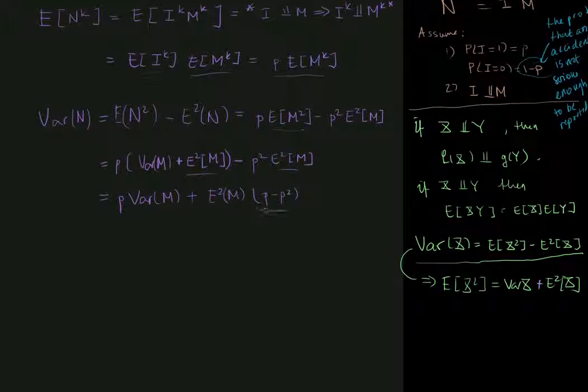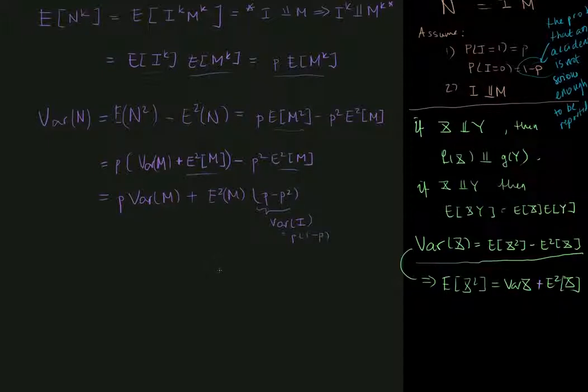So this is actually recognized to be the variance of I. And the reason for that is because the variance of a Bernoulli distributed random variable is equal to p multiplied by 1 minus p, which is exactly what we have written here.